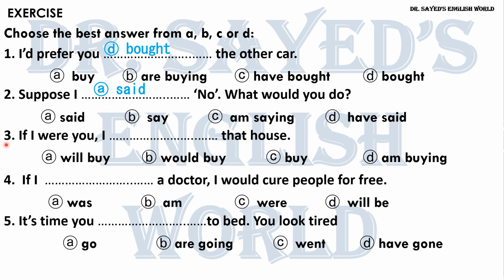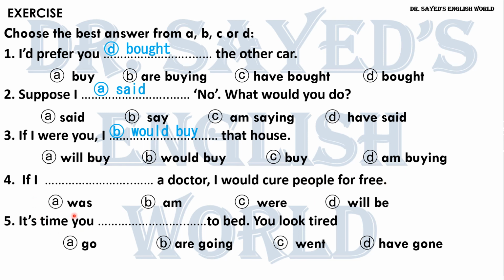Number 3. If I were you, that house, I will buy, would buy, or am buying. And of course the answer, if I were you, I would buy that house. Number 4. If I, a doctor, I would cure people for free.